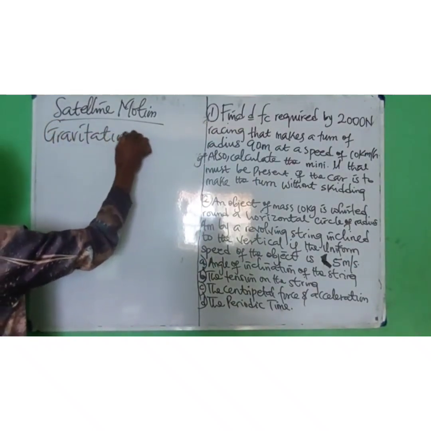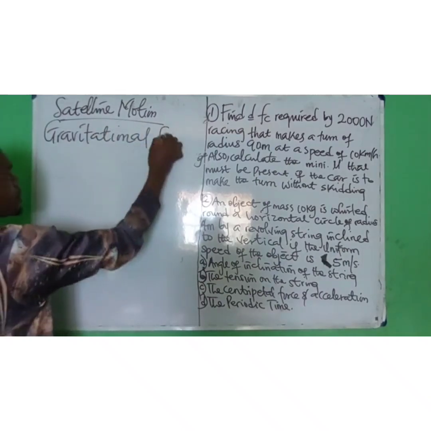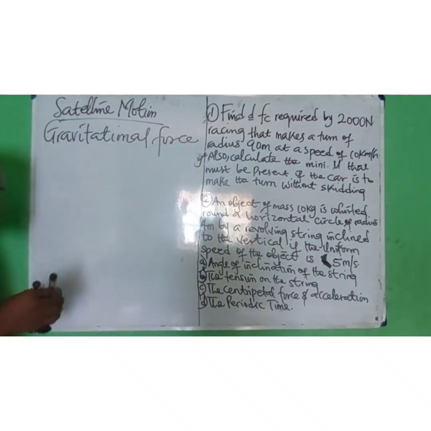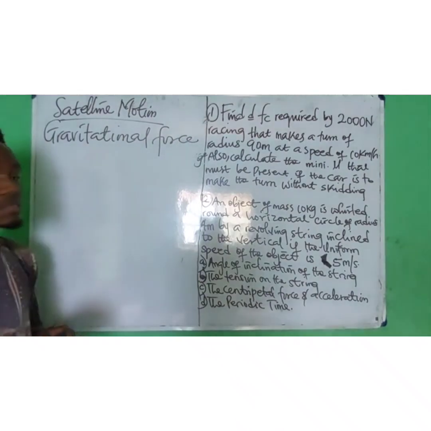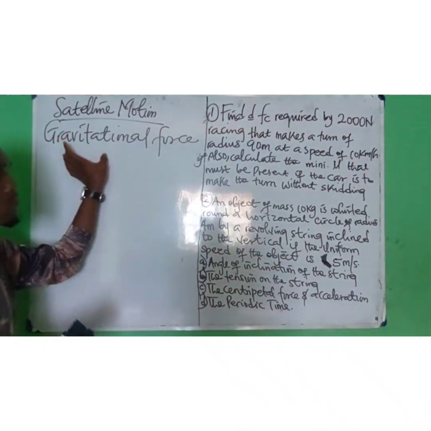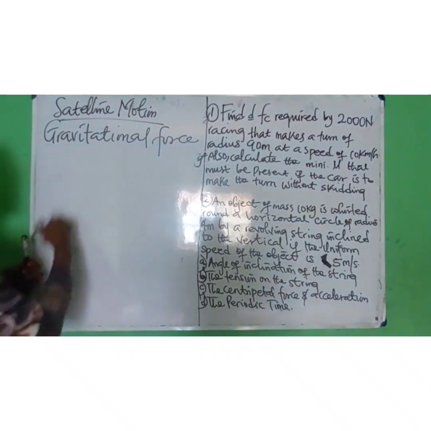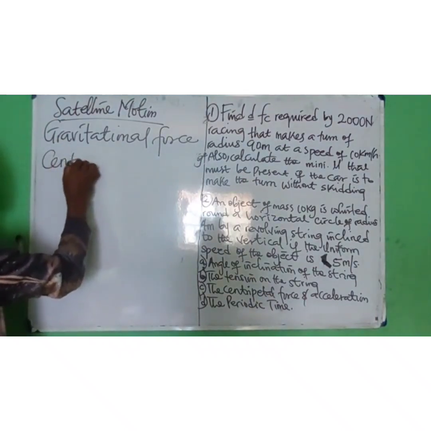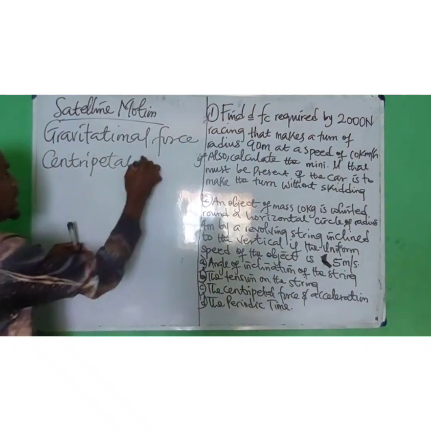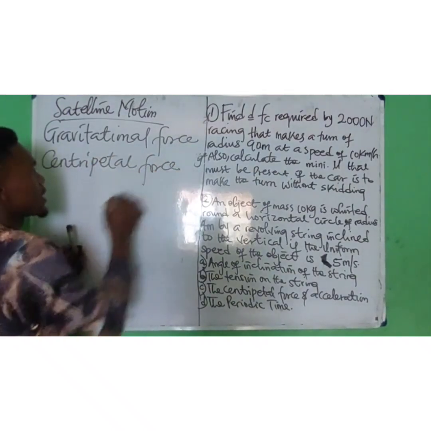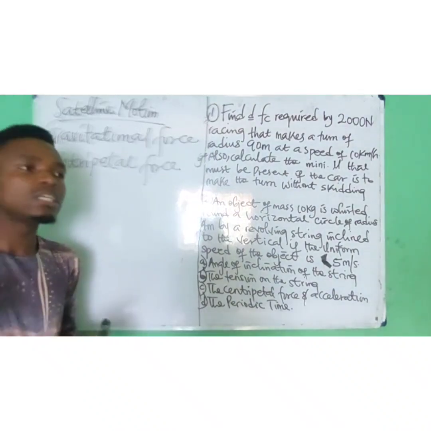It is not directly gravitational force, so I will explain now. For this satellite to move circularly about its axis, the gravitational force produces centripetal force. It is this centripetal force that keeps the object moving circularly.